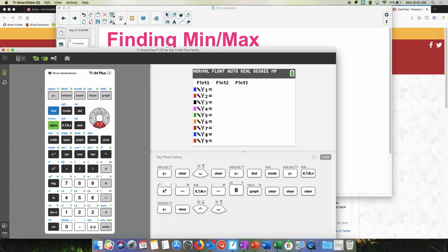Does everyone have a y equals? So now, do you see this button right here next to alpha? If you press it, it's going to be an X. That's the button I want you to use. So we need to type in X. Here are parentheses right here above the 8 and 9. Was it X minus 2? And then X plus 3.